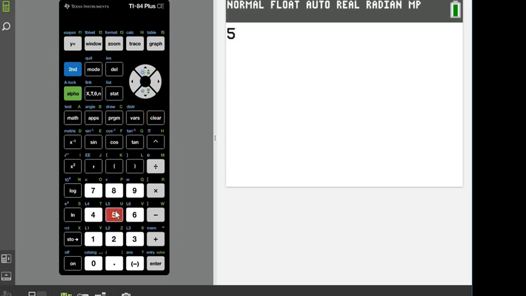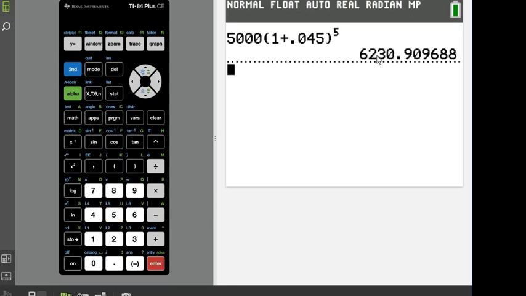So you would just put in the principal, 5,000, then open your parentheses, 1 plus 0.045, close your parentheses, and then for your exponent, you would use the caret key to the 5th power, and hit enter. So your balance would be $6,230.91. I'm going to round to 2 decimal places because we're talking about money.